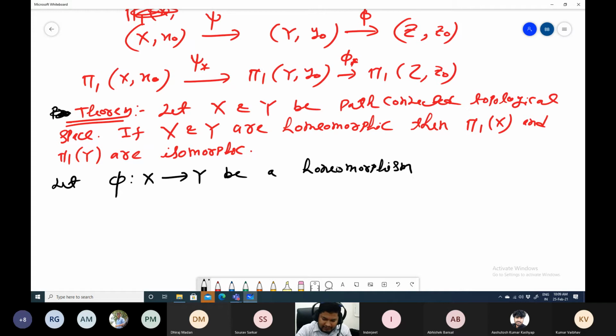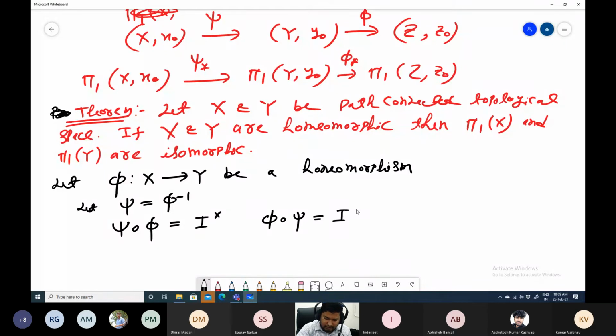So we assume that phi is a homeomorphism and let psi equal phi inverse. Then psi composed with phi is identity on x, and phi composed with psi is identity on y. Then psi star composed with phi star is identity, and phi star composed with psi star is identity on y.